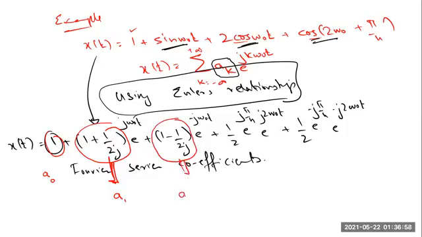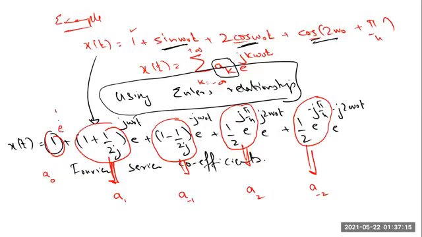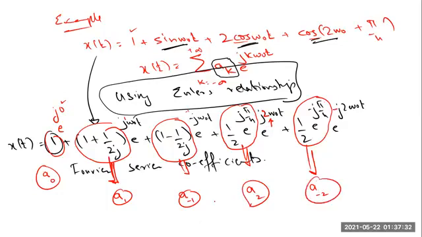This one is A minus 1. This is A2. And this is A minus 2. So you can see that this is e to the power j0, so this is a constant frequency component, the DC component. Over here you have e to the power j omega naught t, so this is A1. You have minus 1, A minus 1. You have 2 omega naught, so this is the second harmonic component. And then you have minus 2, which means A minus 2.